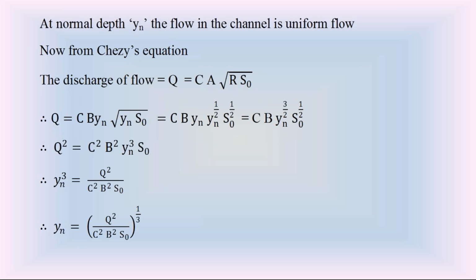If the given depth Y is less than the critical depth Yc and normal depth Yn, the water surface is in zone 3. So in open channels, by knowing the critical depth Yc and normal depth Yn, we can find the location of the water surface in the open channel, either in zone 1, zone 2 or zone 3.